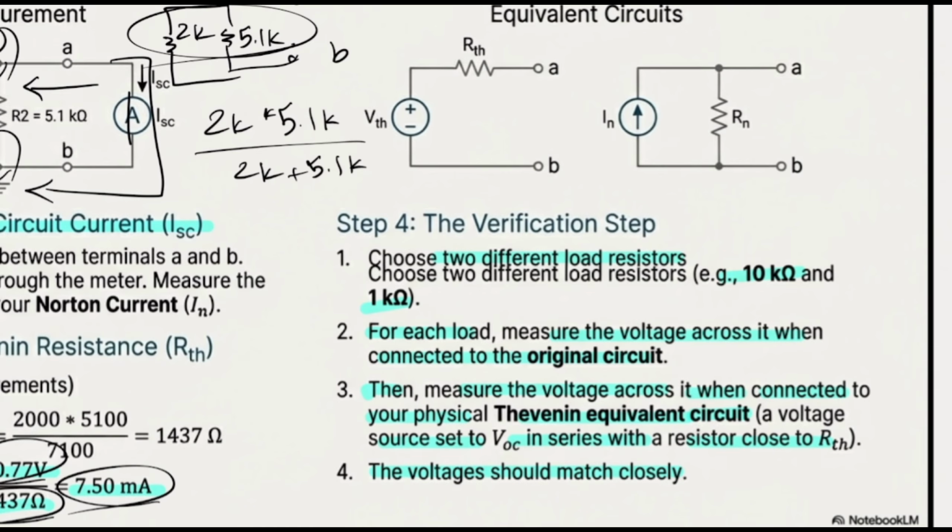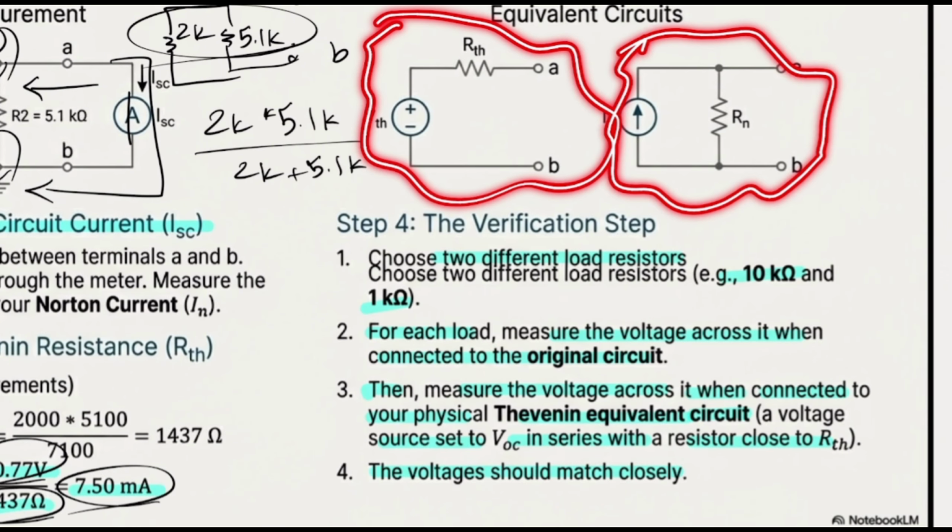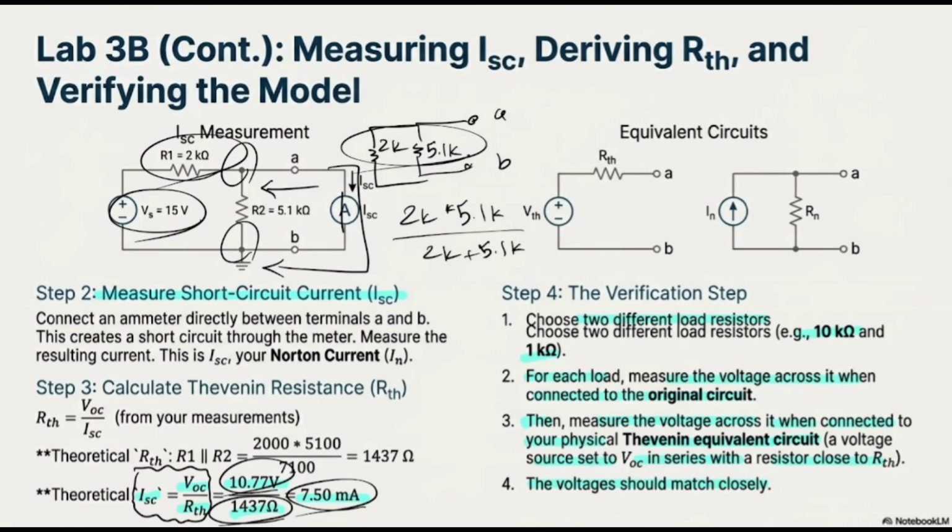It means that it doesn't matter if you have this guy as your main circuit, or this guy, or this guy. Whenever you connect these three to the same load, for example, you still have the same amount of current and voltage.